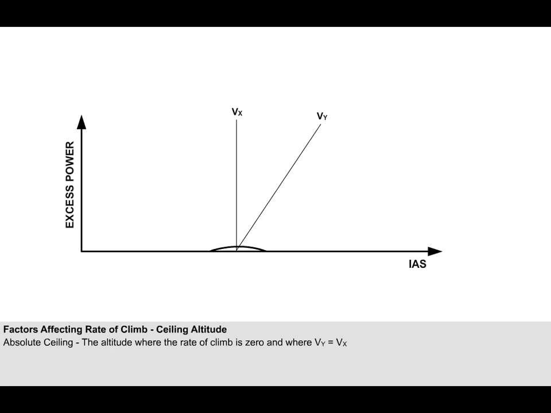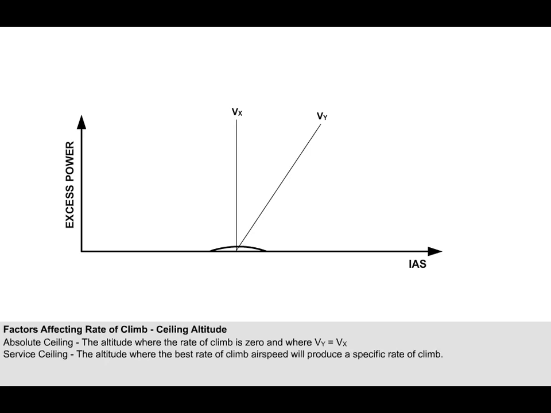At its absolute ceiling, the performance of an aeroplane is so reduced that it is unable to maneuver. Therefore, absolute ceiling is a rather abstract concept for a pilot. It is more useful for a pilot to know his aeroplane's service ceiling.